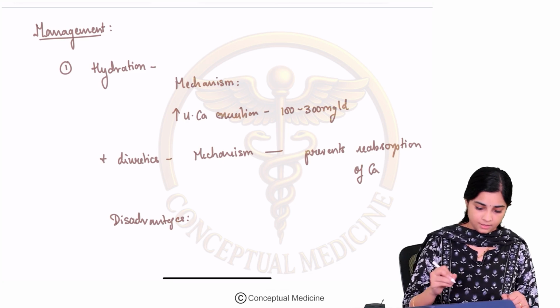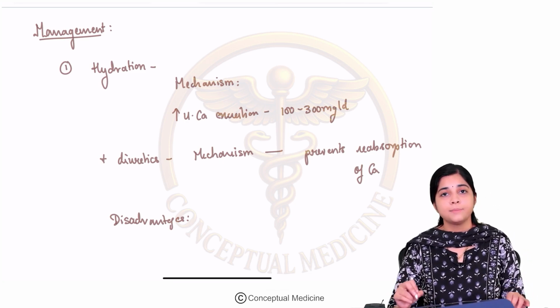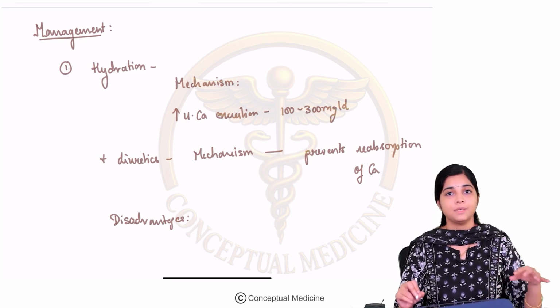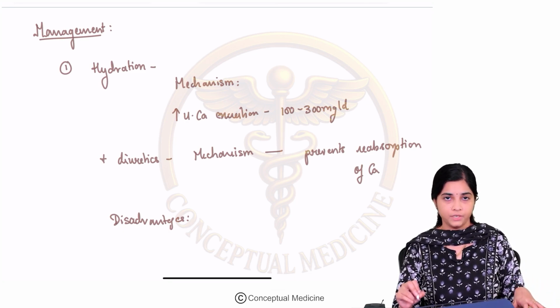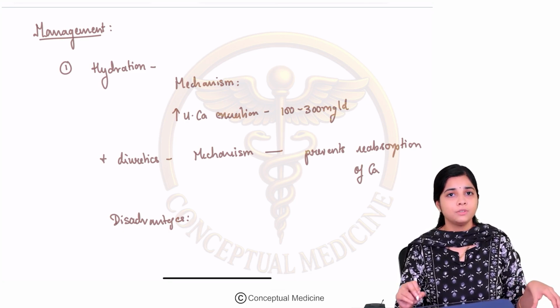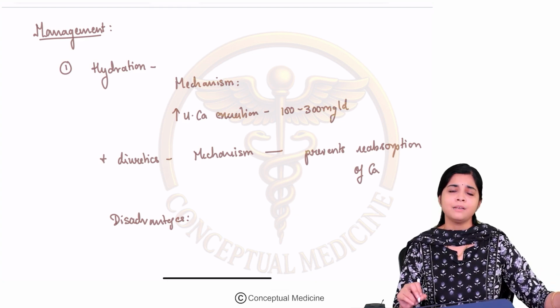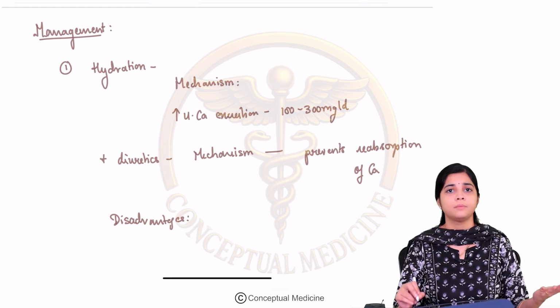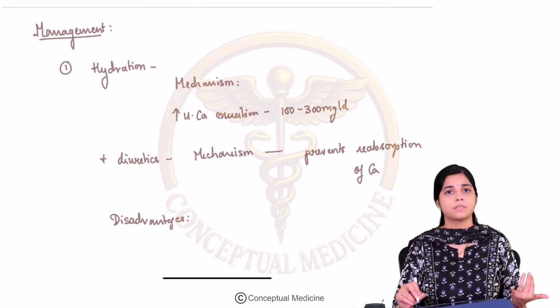So first step. The management of hypercalcemia depends upon the degree of hypercalcemia and the rapidity with which it has occurred. Most of the time this is an acute hypercalcemia. Primary hyperparathyroidism may be chronic; the adenoma is slow growing, the symptoms are slow.